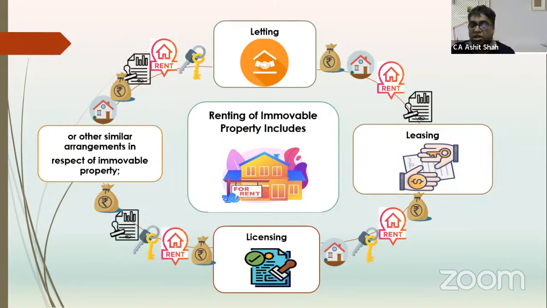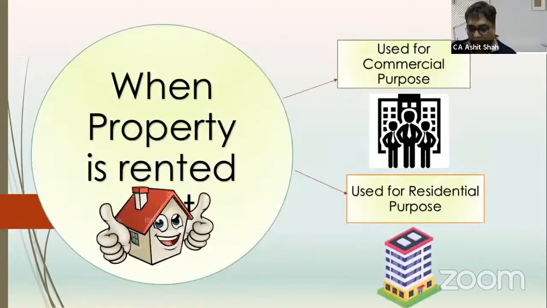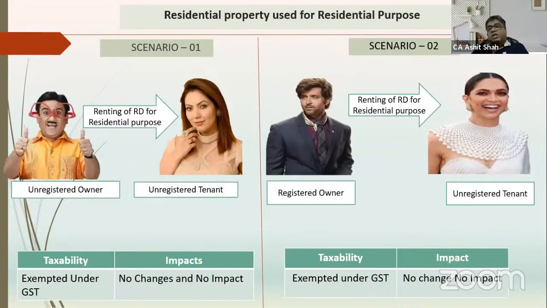Now till 18 July 2022, sorry. This renting of property can be used for residential purpose or for commercial purpose. Let us first concentrate on the property which is used for residential purpose. Till 18 July 2022, whenever a residential property was used for residential dwelling, exemption was provided.